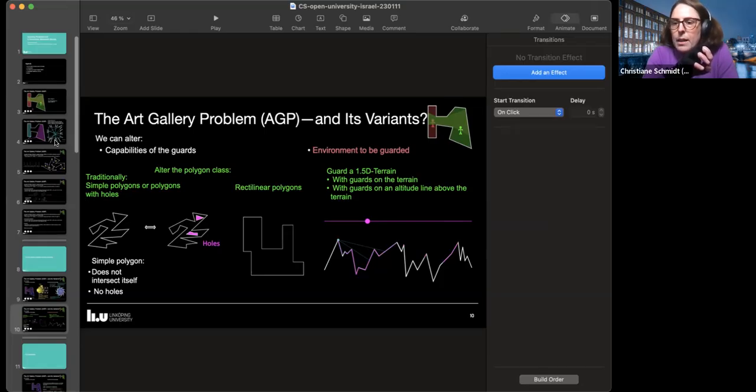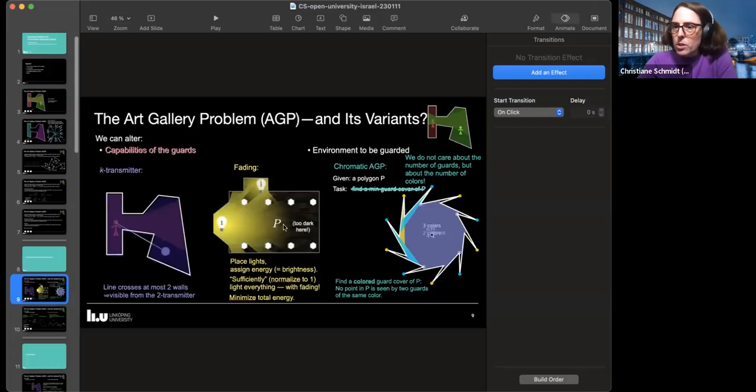You can alter that in any way that you want, saying that here it needs to be covered really well, and here maybe not. Then this could again depend on something like fading, where you can use the same thing. Some areas shouldn't be completely dark, but if they get some energy, then that works again.